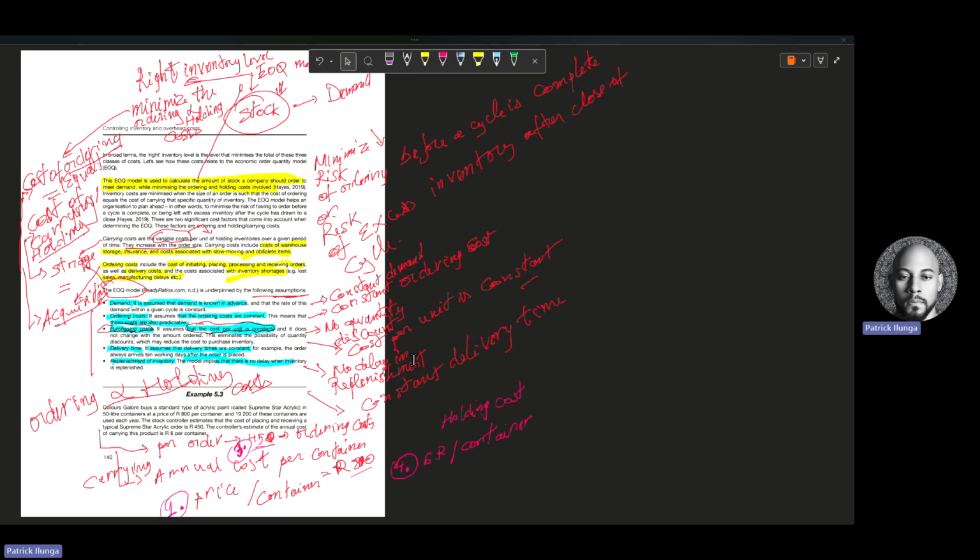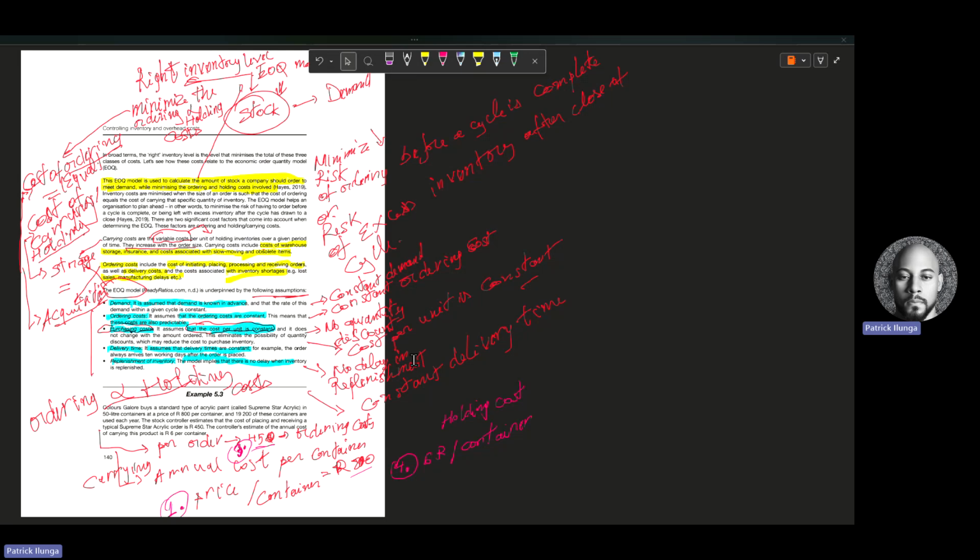So in the EOQ model, there are a few assumptions that we need to have. For example, it is assumed that the demand is known in advance, right? So we know the demand. You can't apply the EOQ when you don't know the demand of a company.